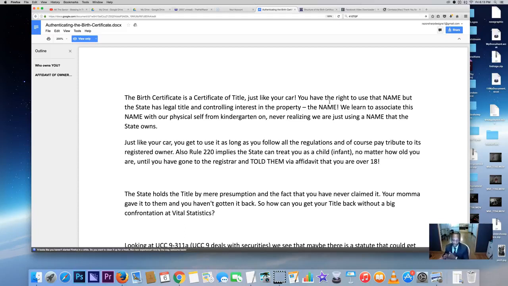Even if that transaction went as it should, and that person exchanged title along with keys once money was presented, that title is still going to have the state that the car or property was registered to at the top of the title, which is their claim, their superior claim and interest over the property.